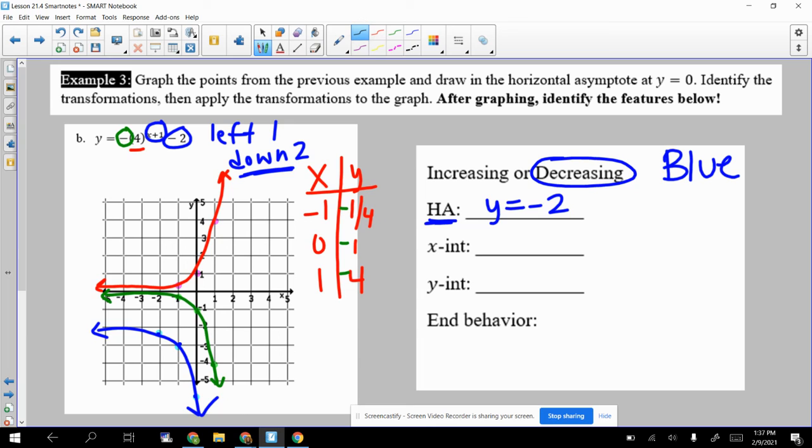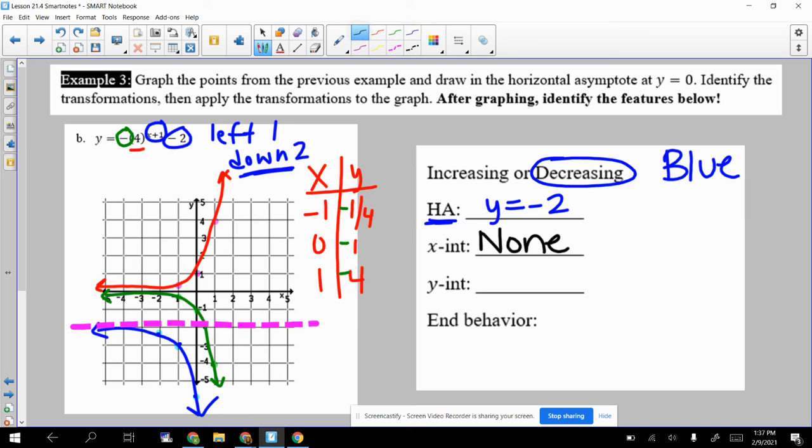Okay, so if you want, you could kind of draw in a horizontal asymptote there with a dashed line. Okay, but that graph is never going to cross that. So again, we're going to have no x-intercepts. Okay, and again, we're just focusing on the blue, but that one's never going to cross the x-axis.